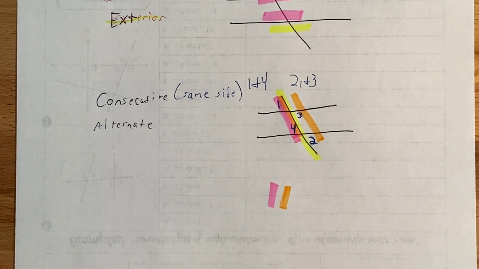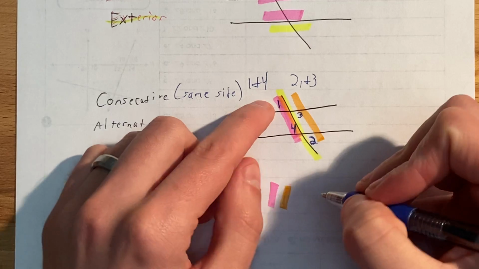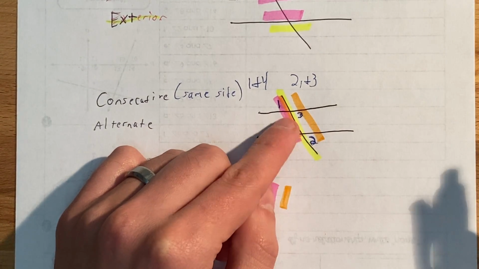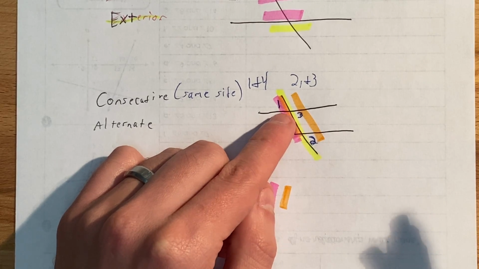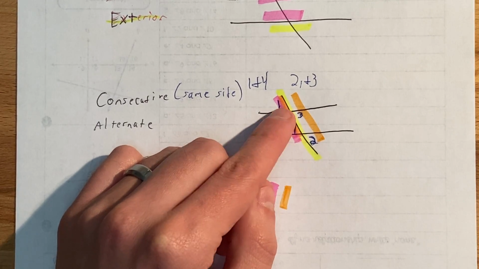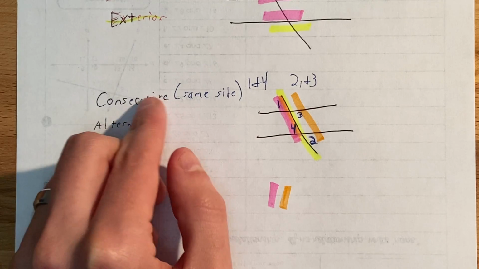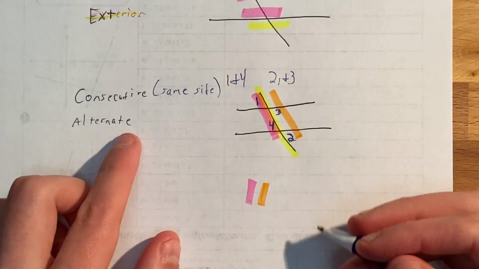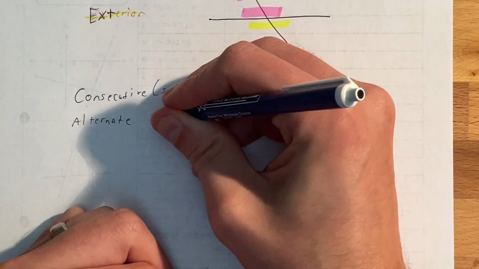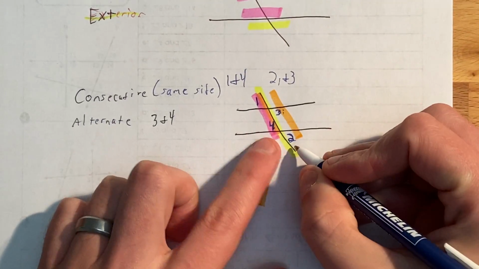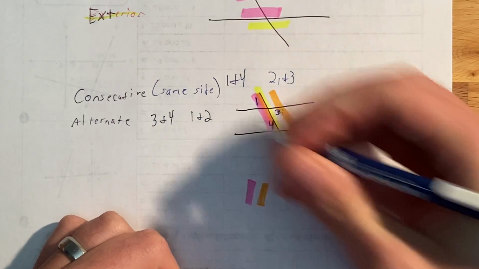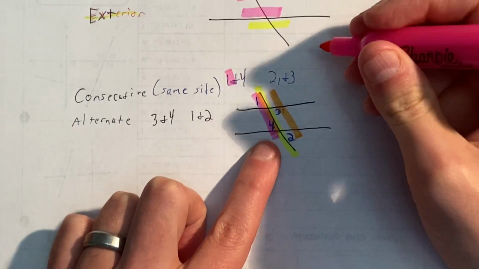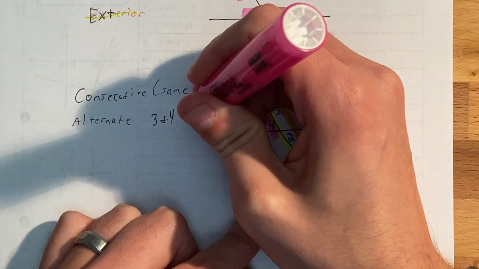So let's continue. Consecutive means same side. So 1 and 4 are consecutive. 2 and 3 would also be considered consecutive because they're both on the same side. Now, we usually don't call 2 and 3 consecutive, but in essence, it is just that. Meanwhile, alternate would be like the 3 and 4 and the 1 and 2. The 1 and 4.